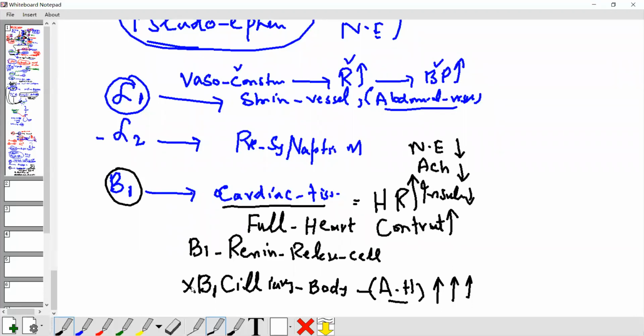If you block beta 1, is that good for glaucoma? Yes. Why? Because aqueous humor production decreases. So we use beta blockers for glaucoma. Pilocarpine for glaucoma, an M3 receptor agonist.